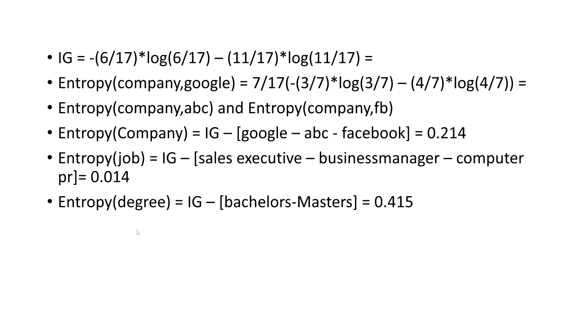Out of these column values, which one is the highest? After finding all these three column values, you are going to subtract from the information gain. So information gain minus company Google minus company ABC minus company Facebook. So you are going to get some value.